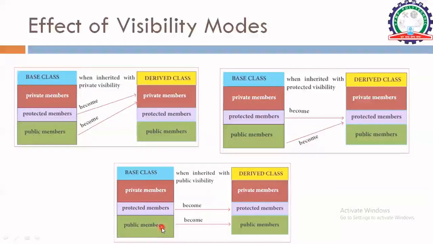And public members can remain public, or they can be protected or private. And the last one, private members will never be inherited in any type of inheritance with any kind of visibility mode. So this is all about the concept of inheritance, how to derive a new class from an existing class, and the effect of visibility modes in inheritance.